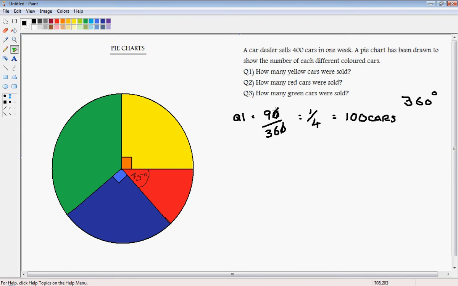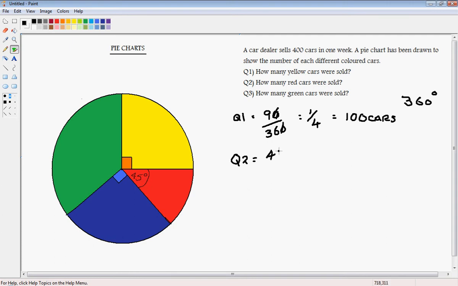What we need to do is find out what fraction of the circle is in that colour, and then we just find the fraction of the number of cars. So if we go to question number 2, how many red cars were sold? Red, we can see here, is 45 degrees.